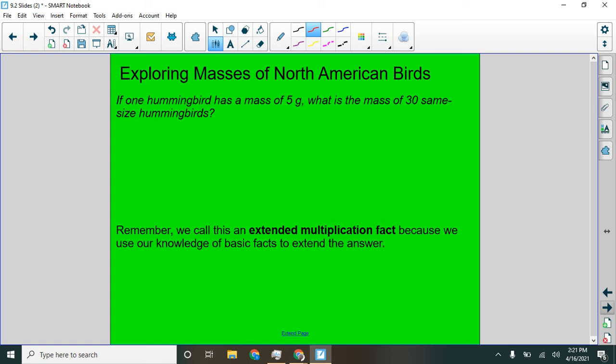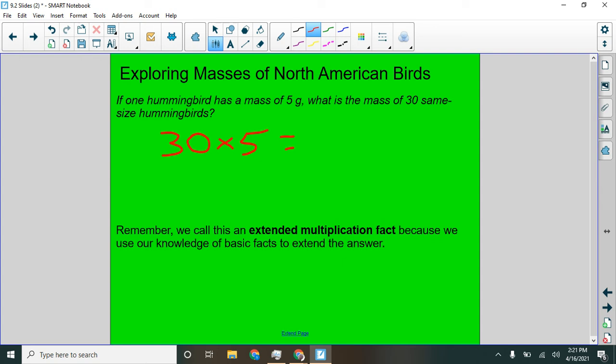Well, this is equal groups. So if we measure all of these birds, is that number going to be getting bigger or smaller? It's going to get bigger, and it's going to get bigger by a lot, because we're going to end up with 30 groups of 5.